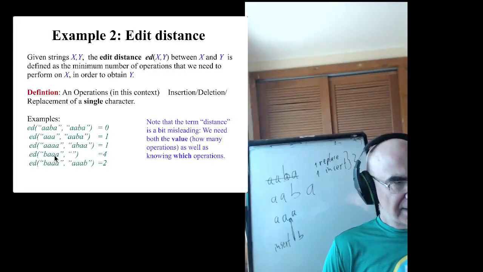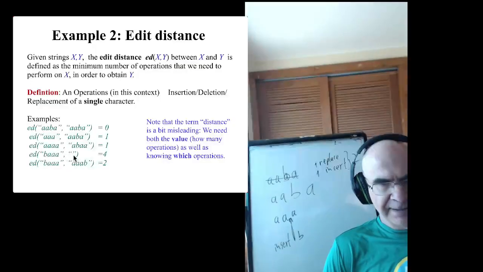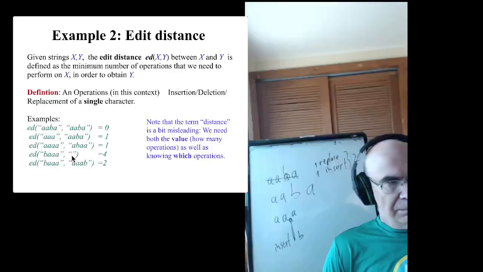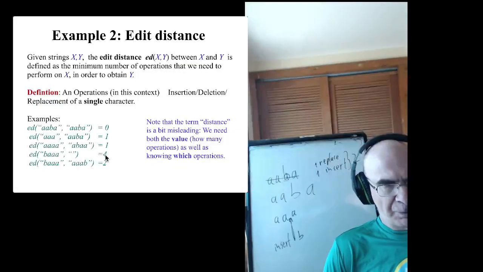What is the distance from BAAA to an empty sequence? Not very hard. I can just take this sequence and perform 4 deletions. Each one costs $1, so I spent $4 on the whole operation.